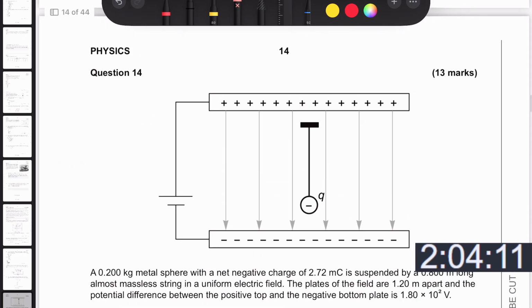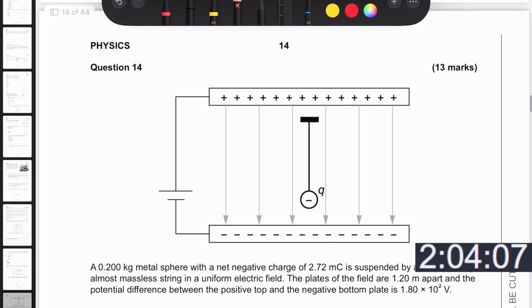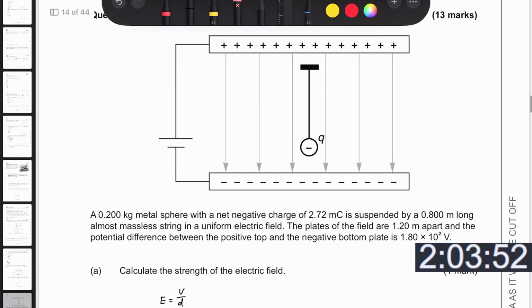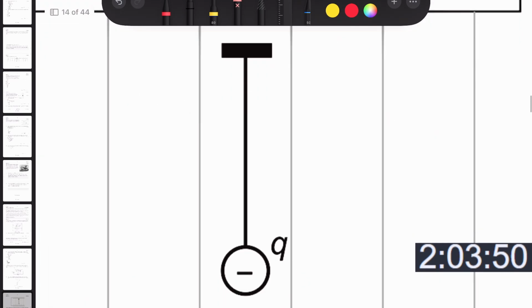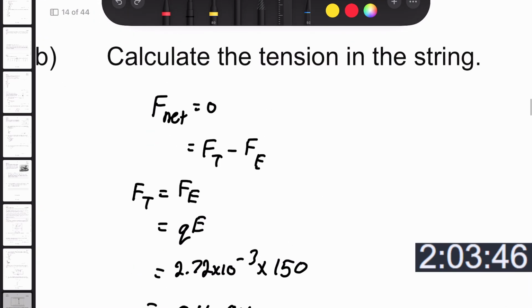I believe that's correct. Because the electric force would be negative charge. Wait, no. It's going up. Oh, okay. So that force is down.